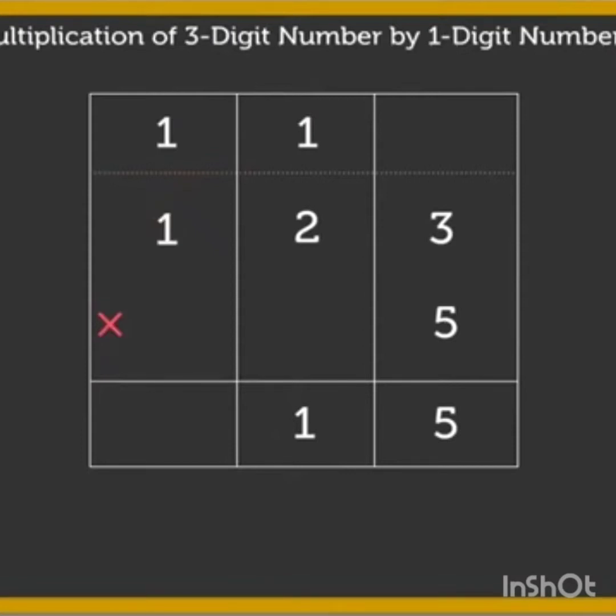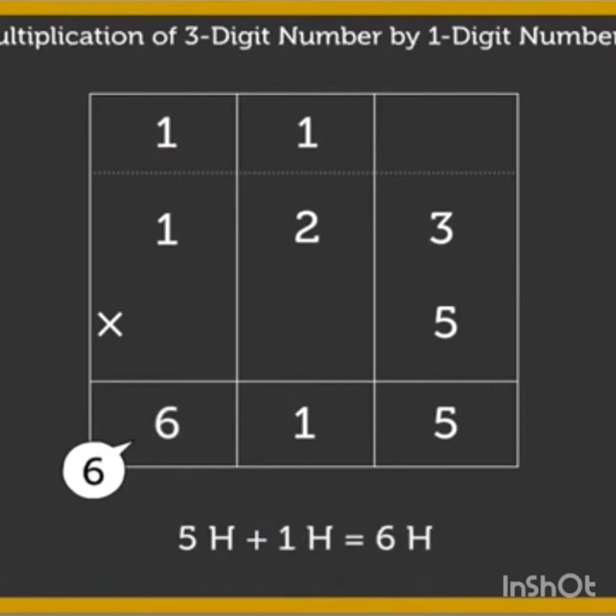Okay, all of you remember, when we multiply a digit by 1 we get the same number. So here we got 500, then we add 100 that we have carried over. So 500 plus 100 is equal to 600. Now we get 6 at the hundreds column.